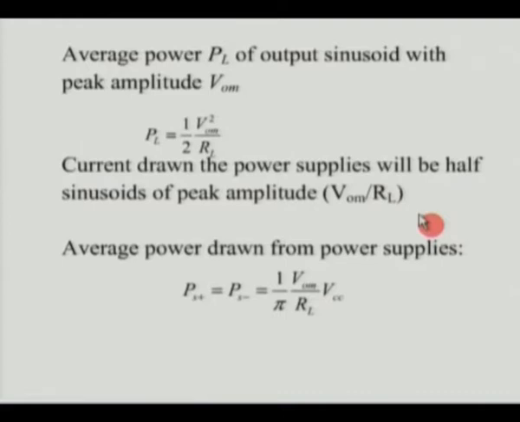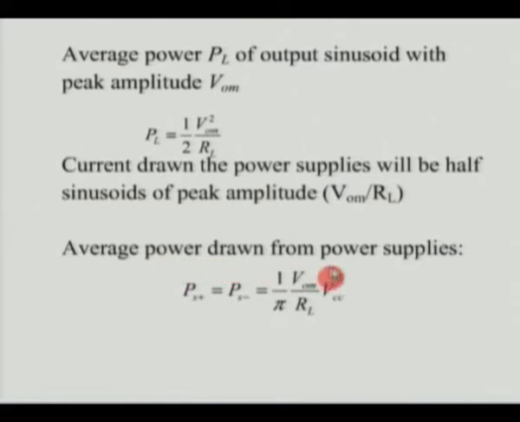When the NPN transistor conducts, the power is drawn from the positive supply. When the PNP transistor conducts, the power is drawn from the negative power supply. So we have current drawn as half sinusoids from the power supplies, and the peak amplitude there will be VOM by RL, that is the peak current drawn.